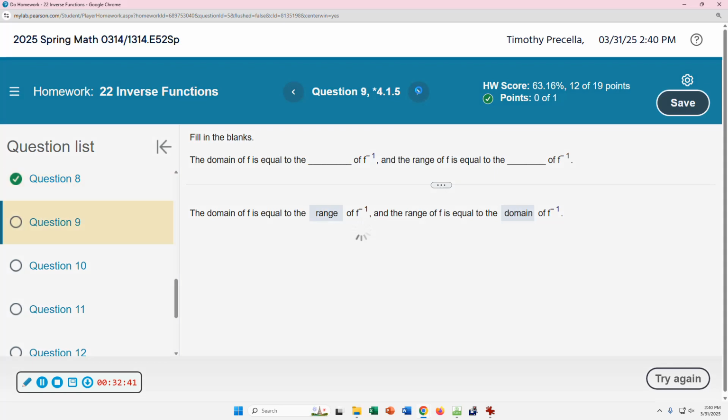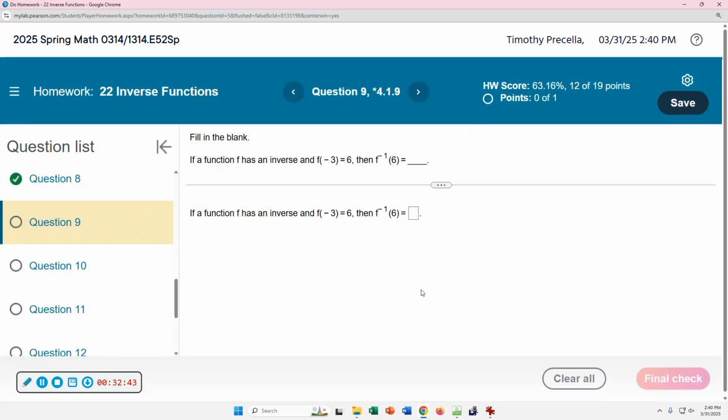Okay, number 9. Oh, this is good here. Let me write this down. Okay, f of -3 is equal to 6. They tell us that f has an inverse and that f of -3 is equal to 6. Then f inverse of 6 is equal to blank. Look at this initial statement here.